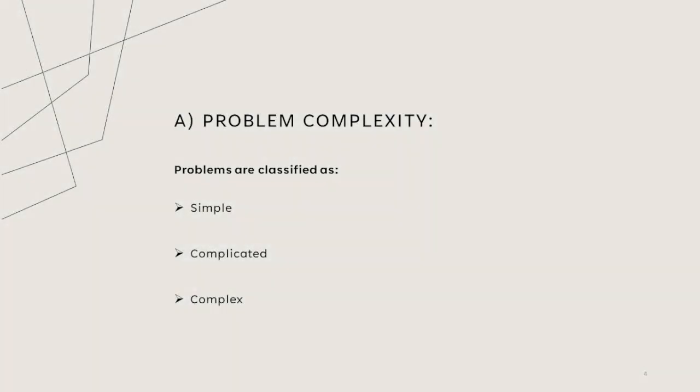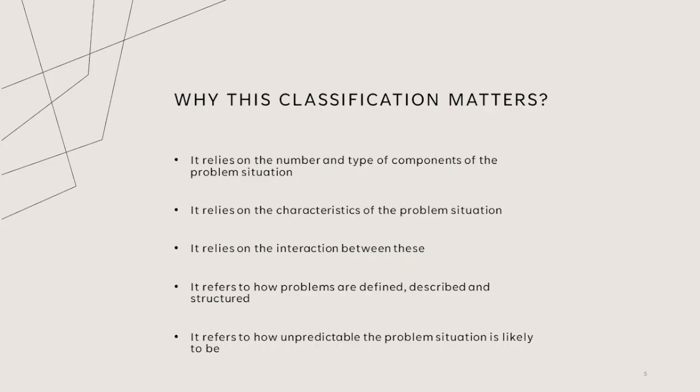So let's talk about the first thing to consider when we try to understand problems: its complexity. Problems can be classified as simple, complicated, or complex. So why does this classification matter? It matters because it relies on the number and type of components of the problem situation, on its characteristics, and on the interaction between them.